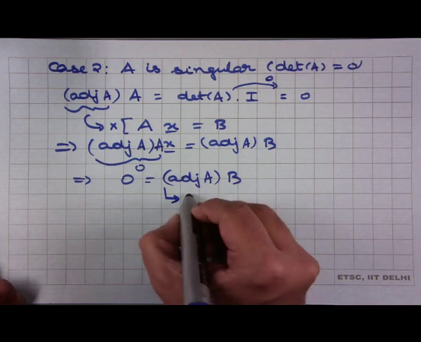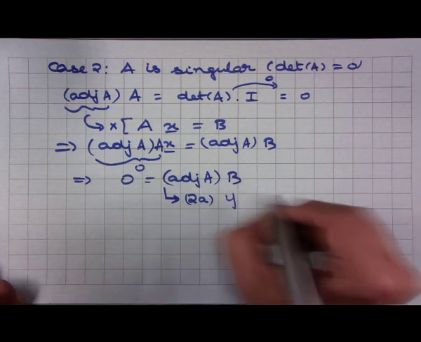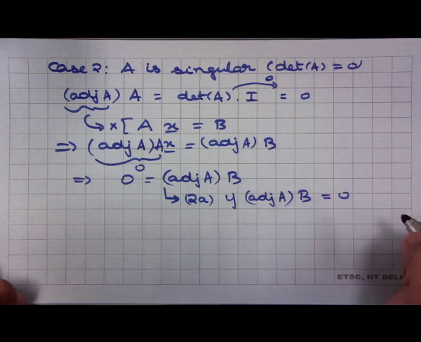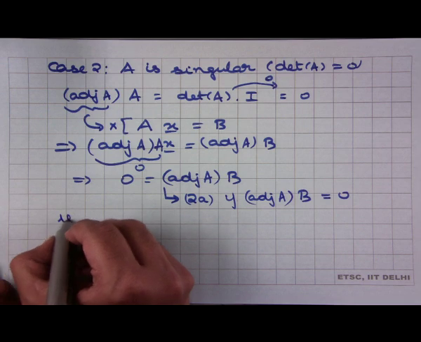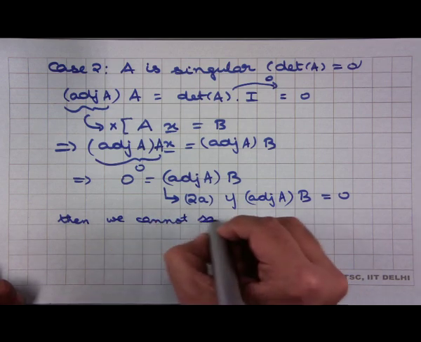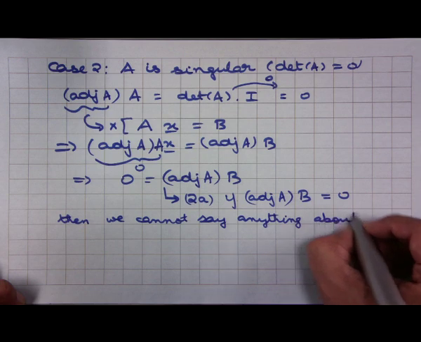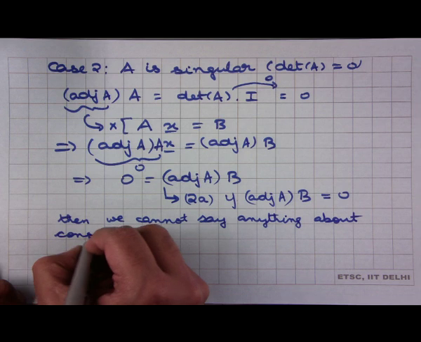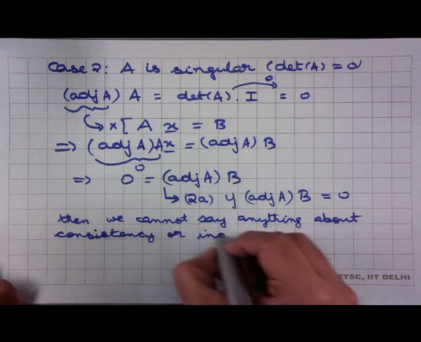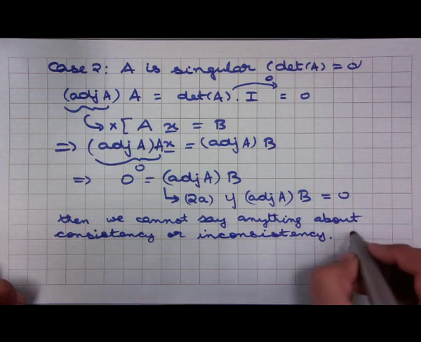The sub case a is if adjoint of A times b is equal to 0, then we cannot say anything about consistency or inconsistency. So, it is an inconclusive result.